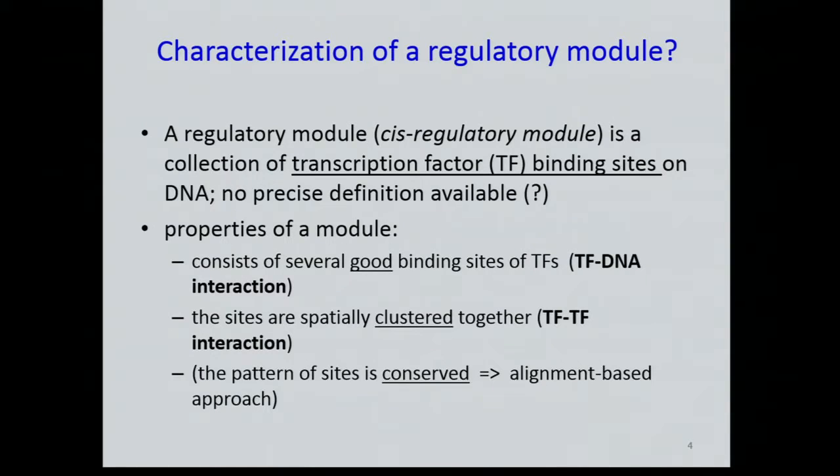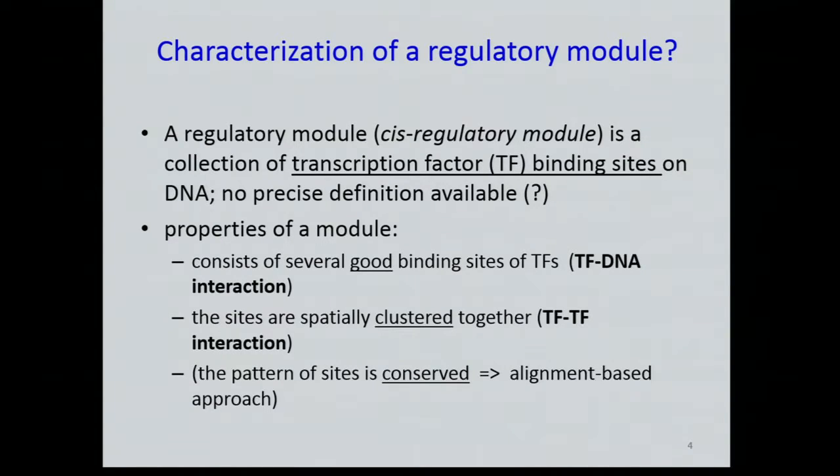No precise definition is available as far as I know. We had the discussion yesterday night. Maybe some conclusion was achieved then, but I'm just a simple computer scientist, and I don't have any good definition. Just some characterizations or features of how these look.